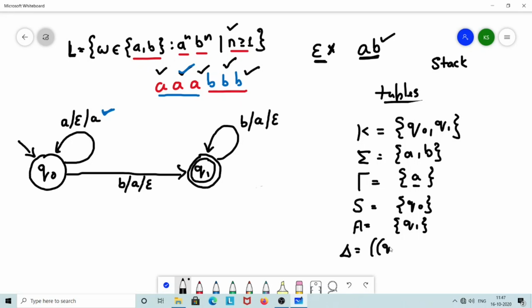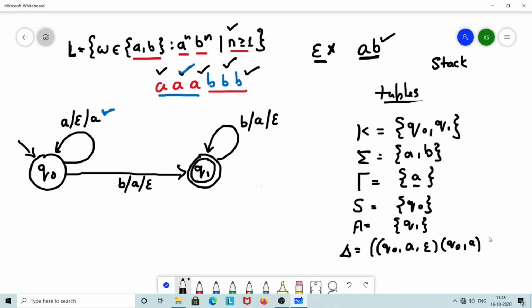So being in Q0 state, we'll write all the transitions that are defined in the PDA. Q0 upon A, and what is the pop operation we do? We don't perform any pop operation, so this will be epsilon, and we make a transition, staying in Q0 itself by pushing A, right?